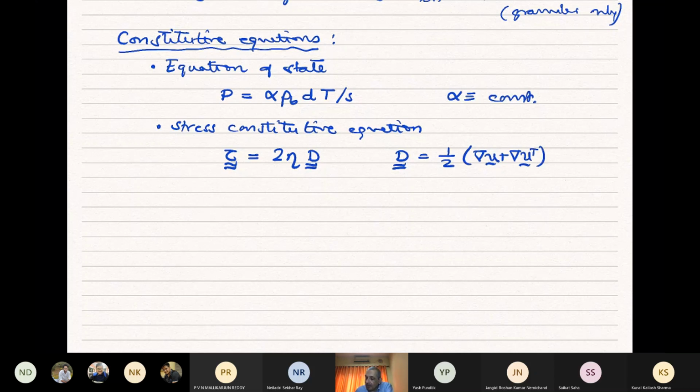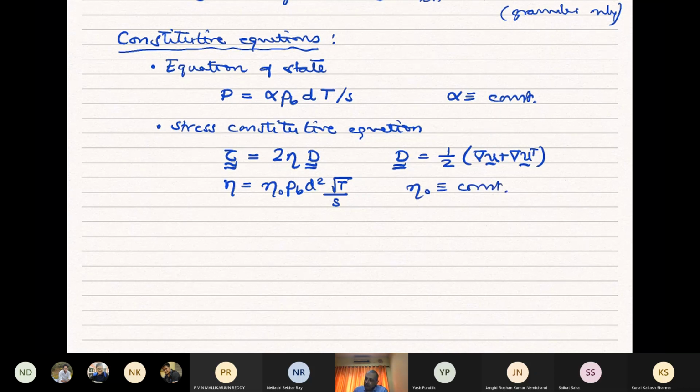So this is exactly like that for a Newtonian fluid, a generalized Newtonian fluid, you can say. But for a granular material, the viscosity is just given by eta 0 rho b d squared square root of T by S, where again here eta 0 is some constant.